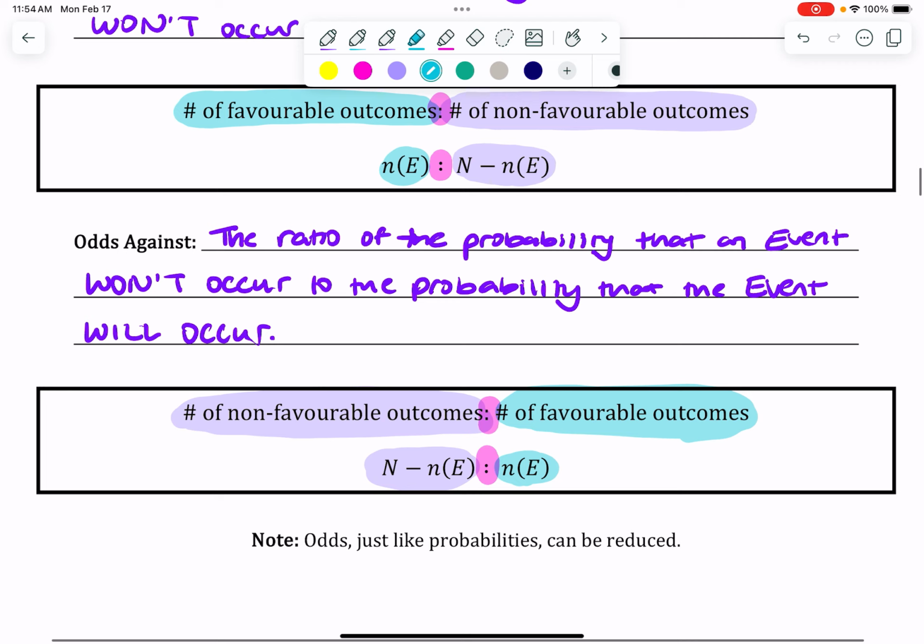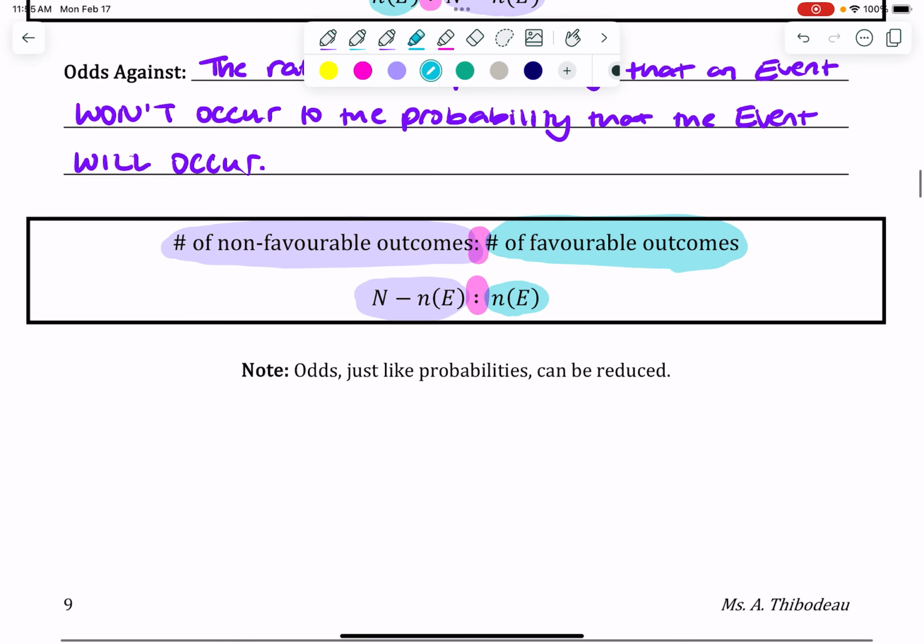Something to point out is that odds, just like probabilities, can be reduced. I know typically we haven't reduced ratios or really used ratios a lot. But just like we do with fractions, if the top and the bottom are both divisible by some common factor, we can reduce it. Same idea with ratios.